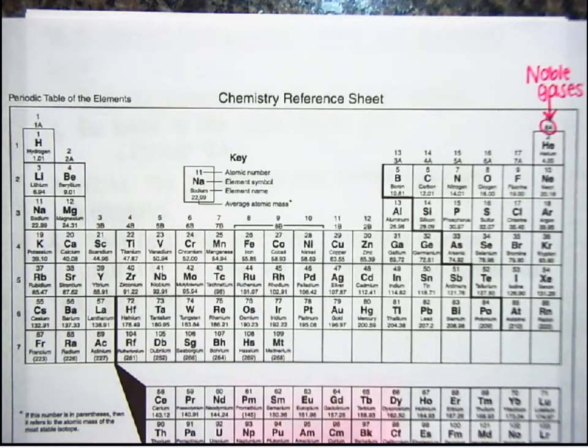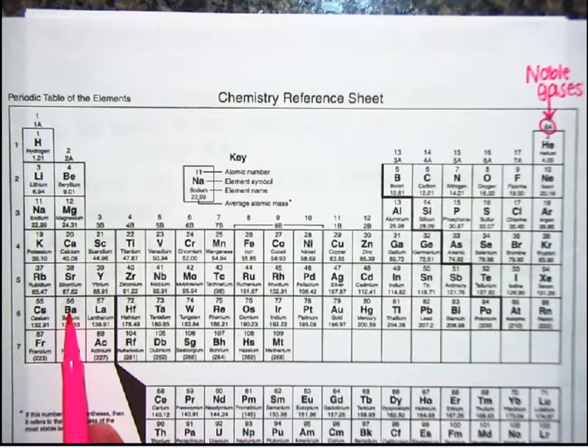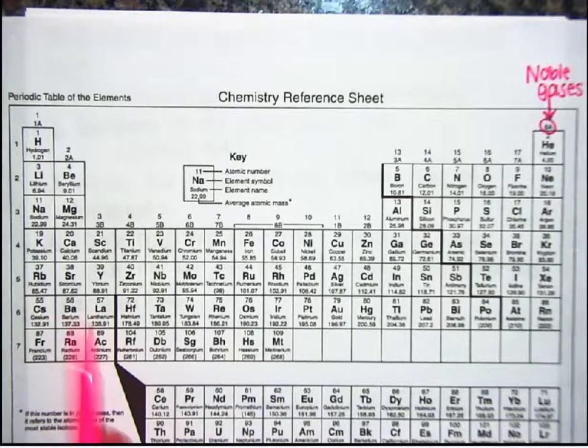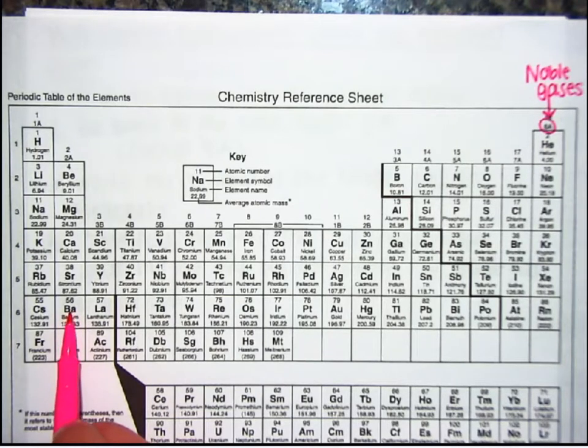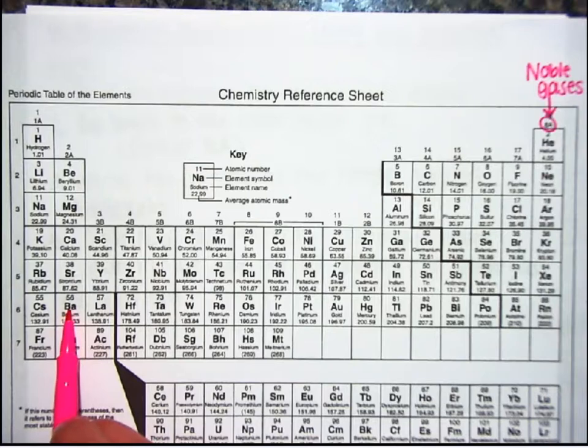So step 1, we want to find the element on the periodic table. Barium is right here. Again, we don't want to write the electron configuration for 56 electrons. So the shorthand way, we find the element on the periodic table, and then we want to go backwards. We're going to decrease an atomic number until we get to a noble gas.